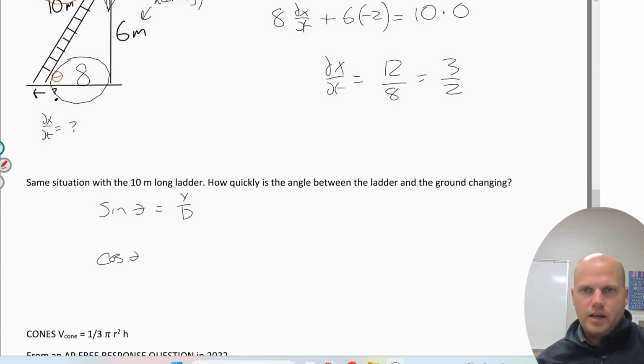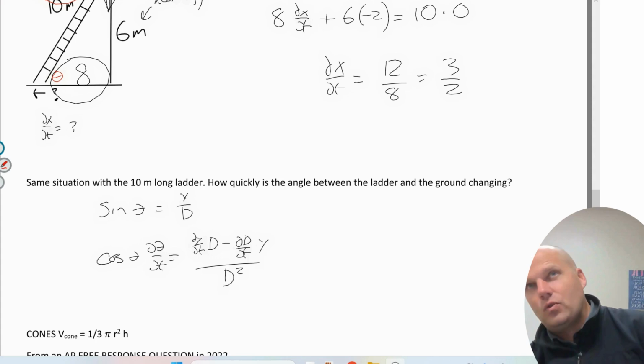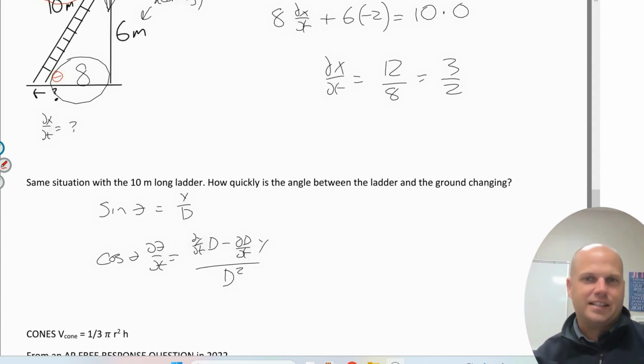So cos theta d theta/dt equals dy/dt times d minus dd/dt times y, over d squared. So cool how this is how angles are changing. It's relative to a ratio of your side lengths and then how all of these lengths are changing in this quotient rule deal.